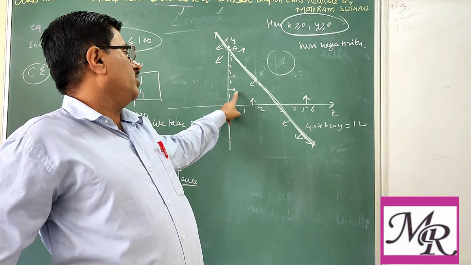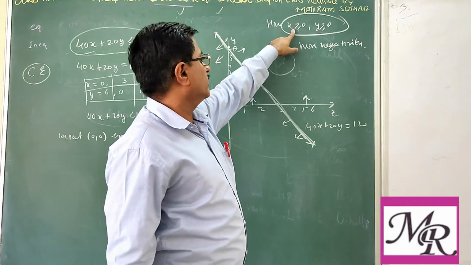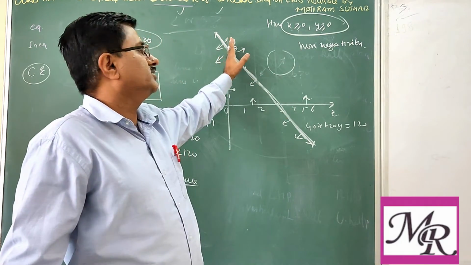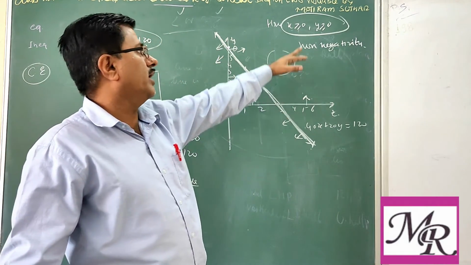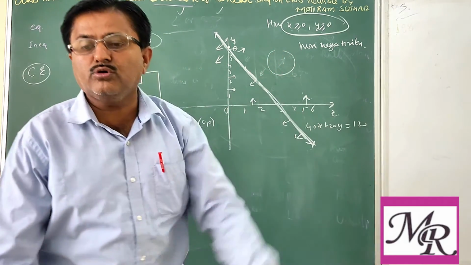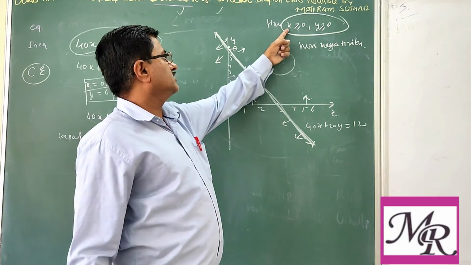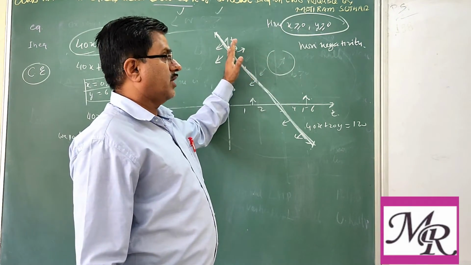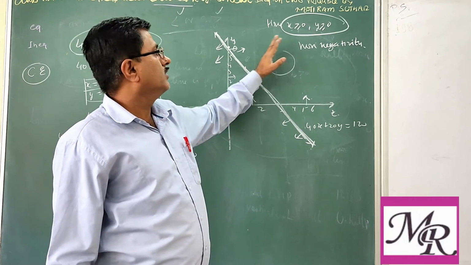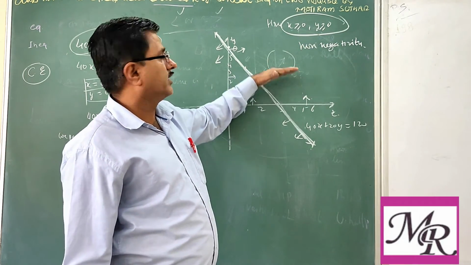So this arrow indicates the side of the solution. X greater than or equal to 0 means this side. Y greater than or equal to 0 means this side. Now if you combine all three conditions, which three? X is greater than or equal to 0, that is the y coordinate. Y is greater than or equal to 0, that is the x coordinate.